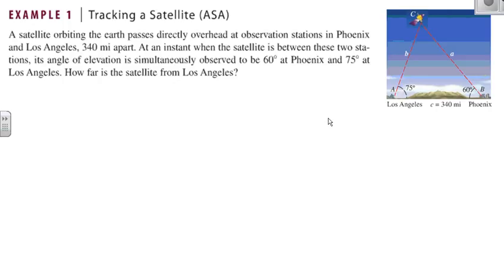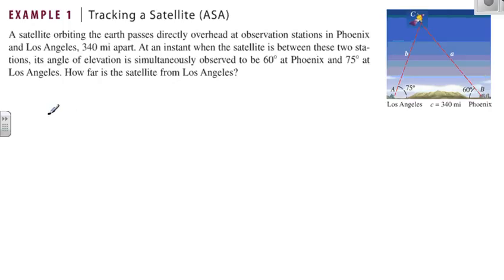How far is the satellite from Los Angeles? So we know two angles, and we know the distance in between. So we have angle, side, angle, like is listed up here, which means we can use the law of sines.